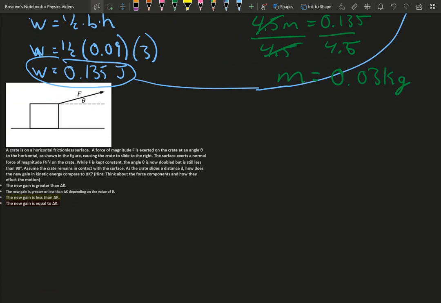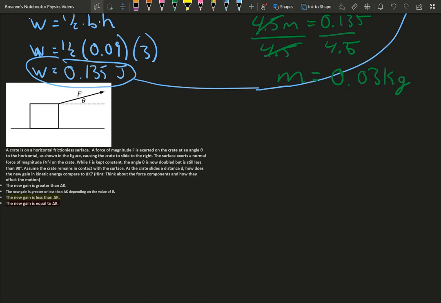Second question. A crate is on a horizontal frictional surface. A force of magnitude F is exerted on the crate at an angle theta to the horizontal, as shown in the figure, causing the crate to slide to the right. The surface exerts a normal force of magnitude Fn newtons on the crate.